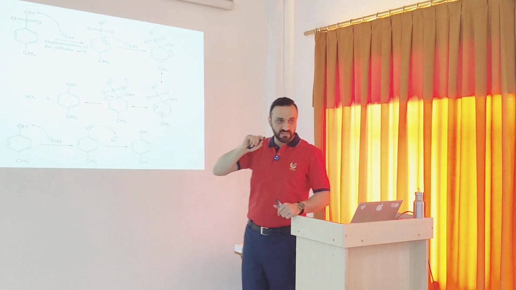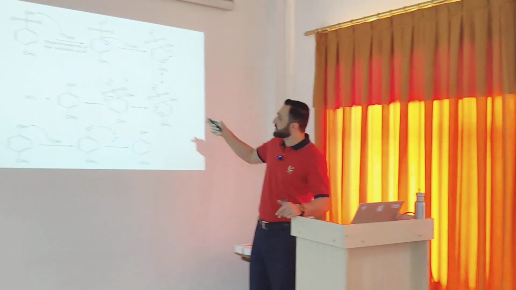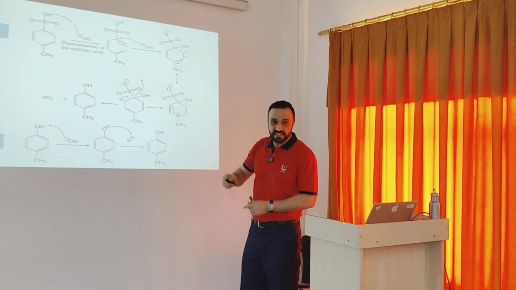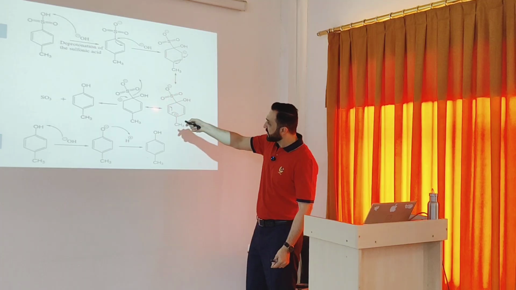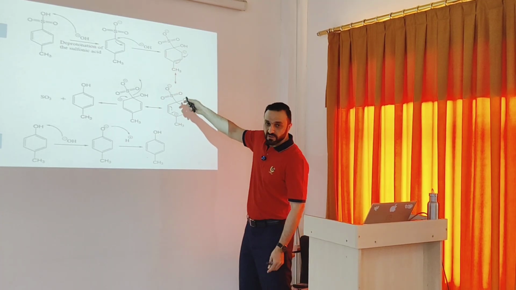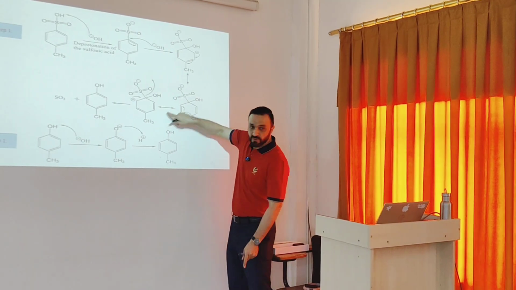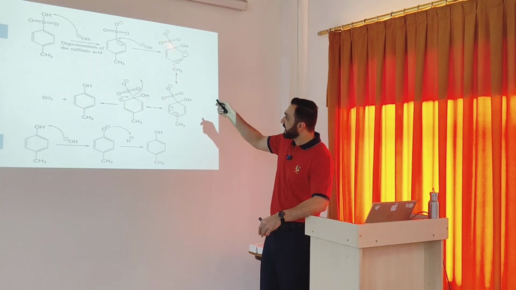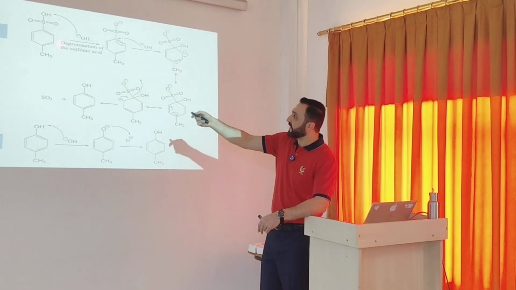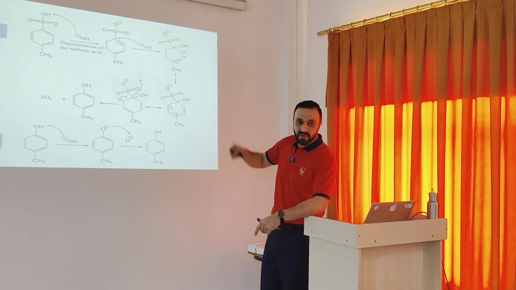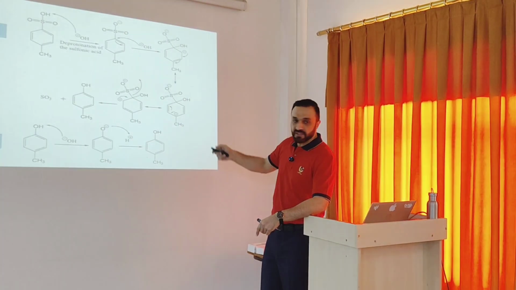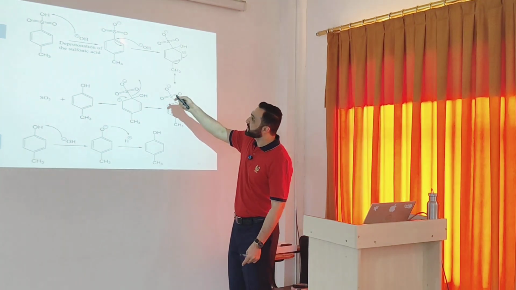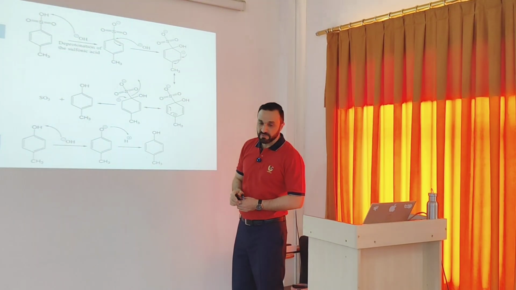Yes, stable. We have three resonance structures: 1, 2, 3. This is the resonance arrow, a two-headed arrow. That means this is a resonance structure. Our reaction number 1, reaction number 2, resonance structure, reaction. Now, addition of the hydroxyl group and resonance structure.